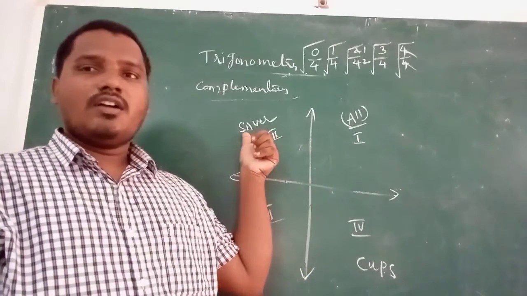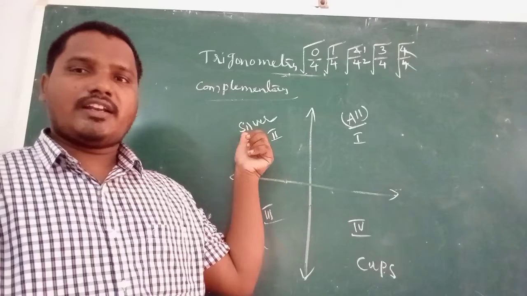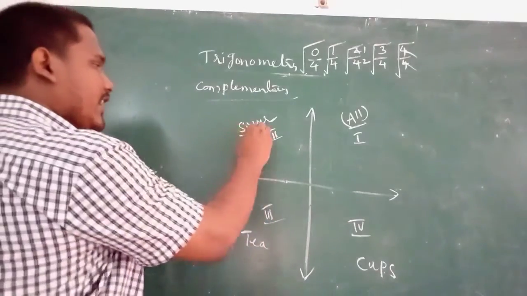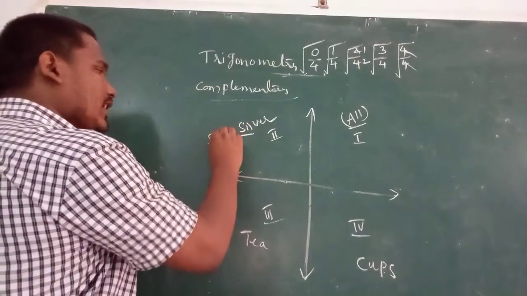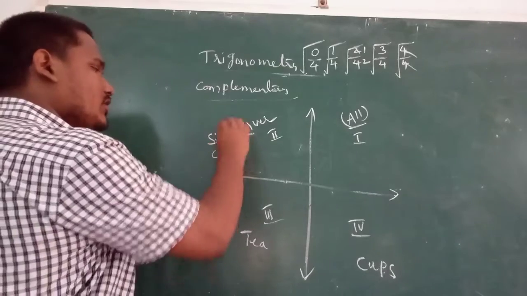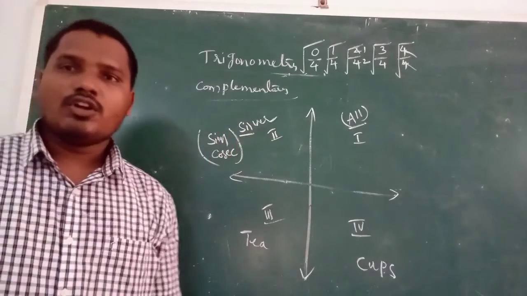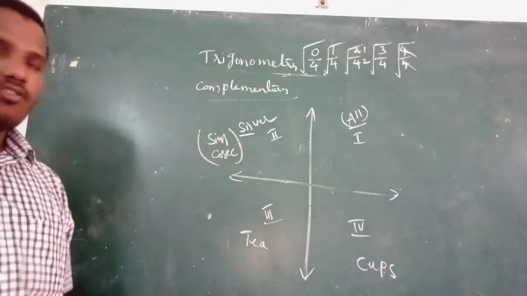Silver: the first letter is S. So sin and cosecant will be positive. Sin and cosecant are the only positive ones in the second quadrant.